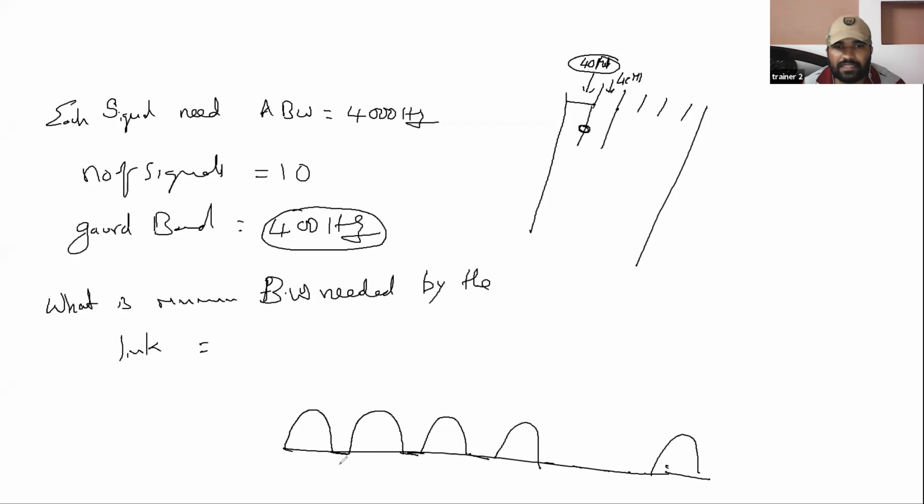So here, as you can see, we'll be getting 9 such guard bands. So 9 into 400, plus the signals will be 10, so 10 into 4000. So the total will be 40000 plus 3600. Okay, I gave.